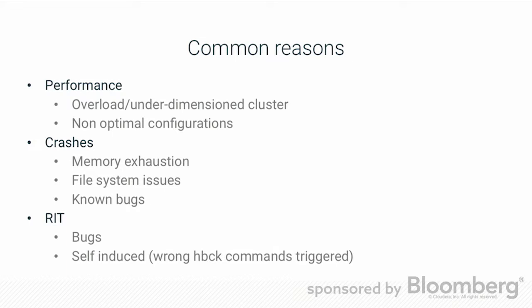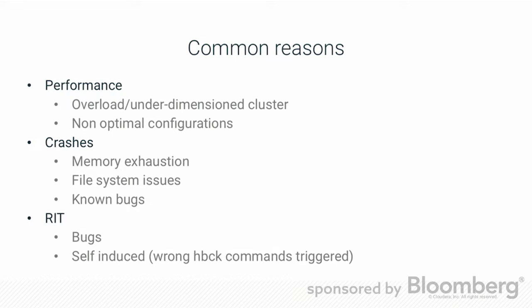Unavailability of the underlying file system, even temporary, could cause either region servers or masters to crash. It can also happen due to known bugs. Most of those are already fixed, but if you are on a release that doesn't include the fix, you will be affected by those problems.